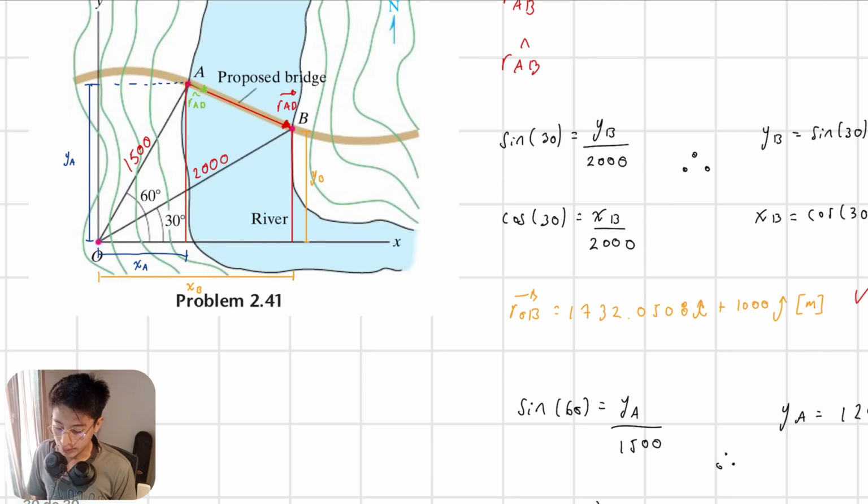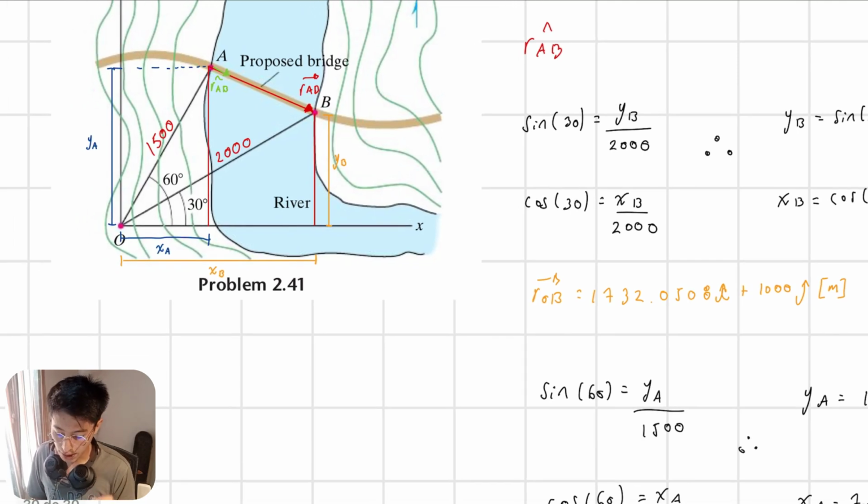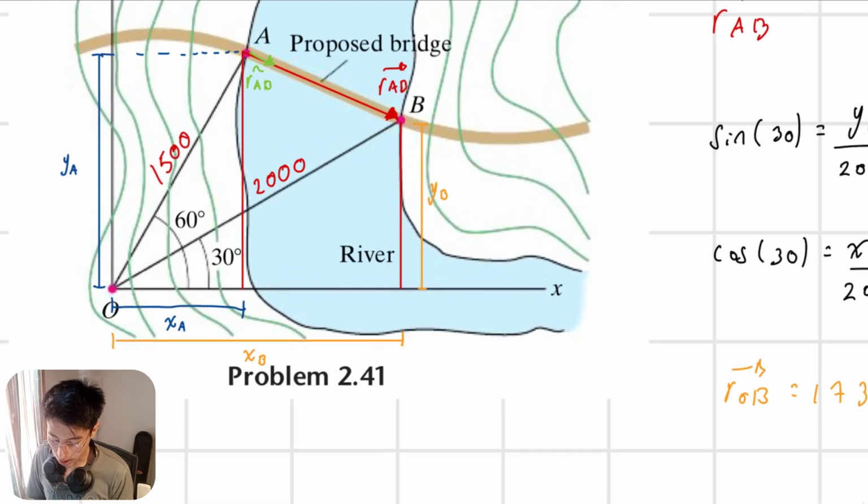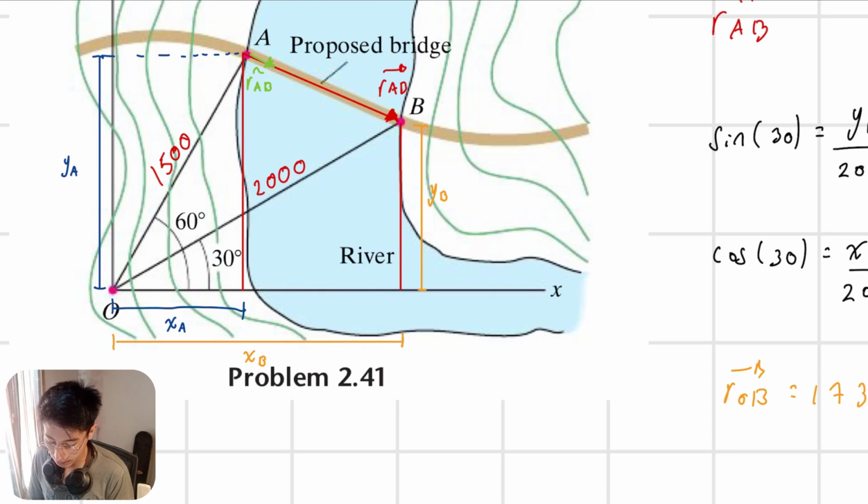What would have happened if, instead of doing this, I had determined the unit vector for OB and the unit vector for OA by using its angle, because I know that it is possible for us to determine the unit vector using the angle with respect to x, and then I would have to look it up, and its magnitude.